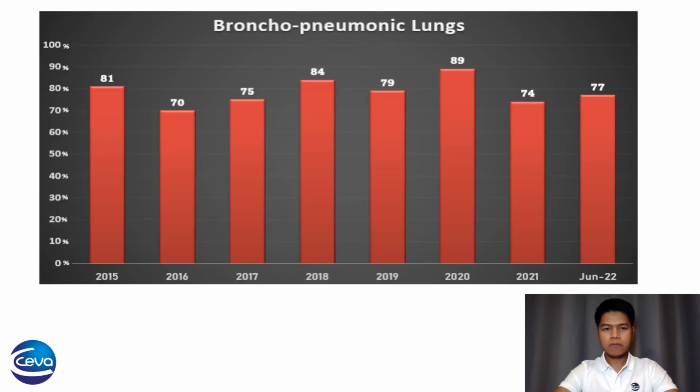During the course of almost 8 years, bronchopneumonia lesions in the slaughtered pigs ranged from 70% to 89%. This trend shows that minimal to no improvement was seen in alleviating the said lesion in the course of almost 8 years.